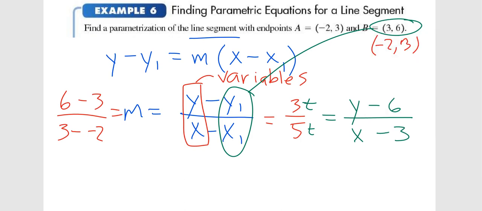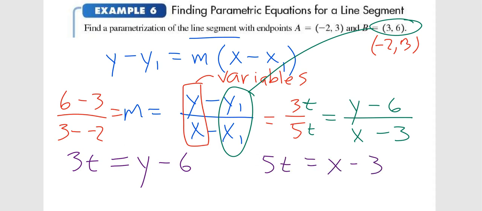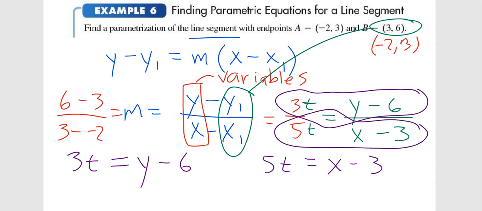Do you see where these two equations are coming from? The numerator has to equal the numerator, and the denominator has to equal the denominator.